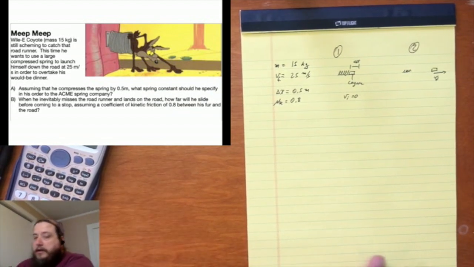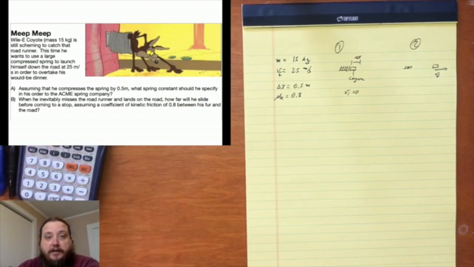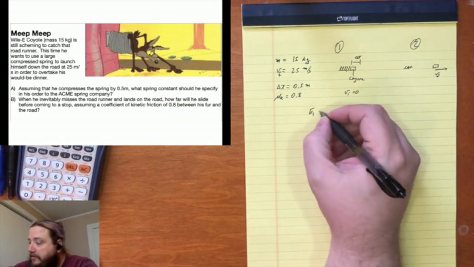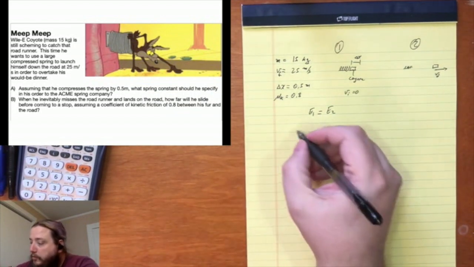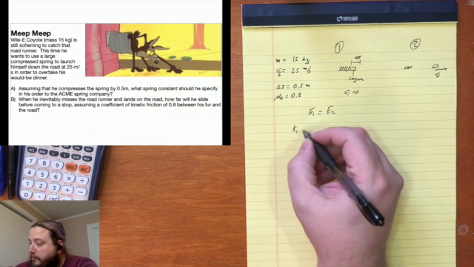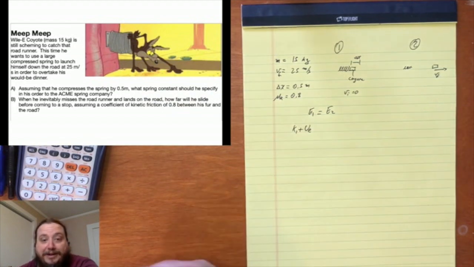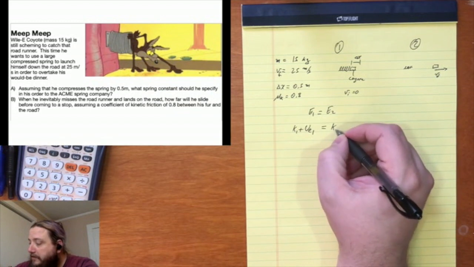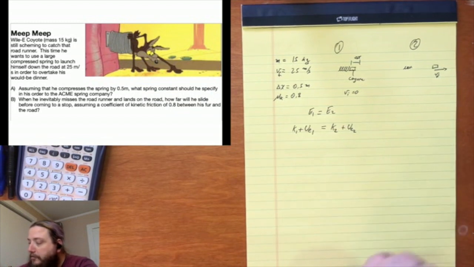And so spring compression is a conservative force. So we can apply energy conservation here and say that the energy at moment 1 is equal to the energy at moment 2. At moment 1, that would be the kinetic energy at moment 1 plus the elastic or spring potential energy at moment 1. And at moment 2, we have the kinetic energy at moment 2, potentially the elastic energy at moment 2 as well.